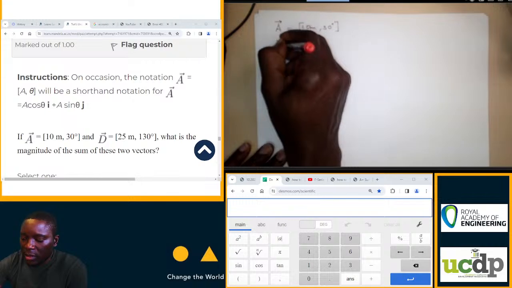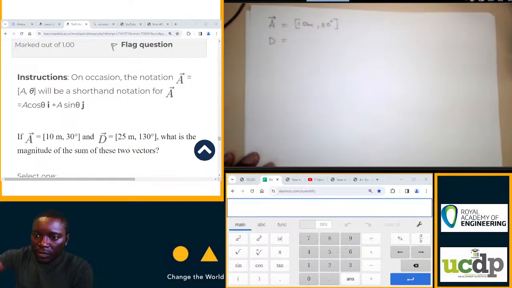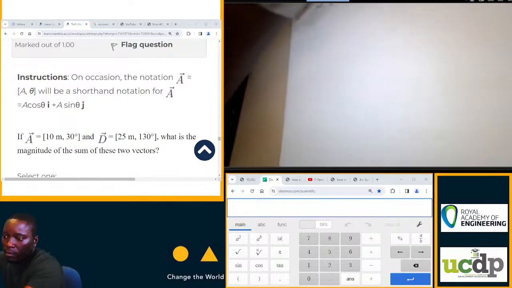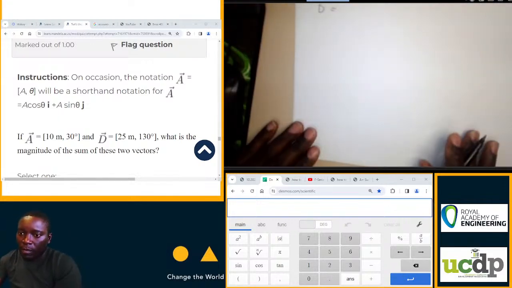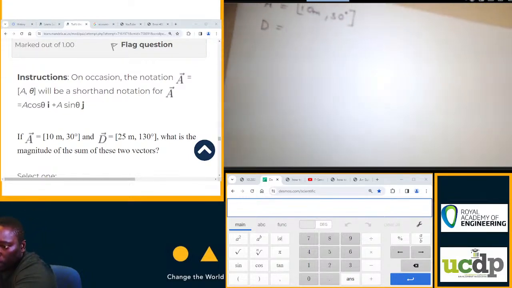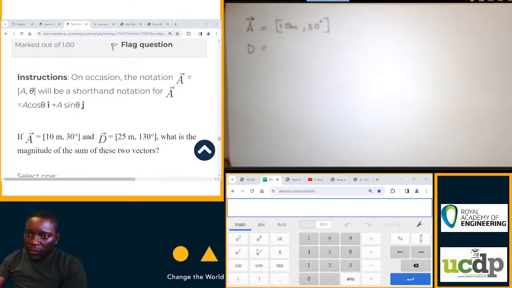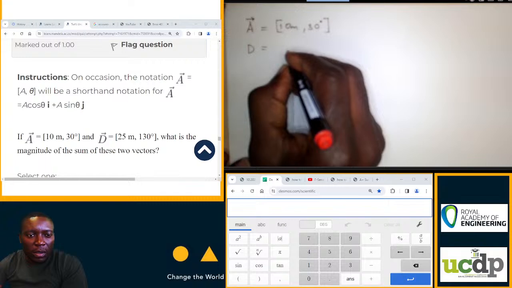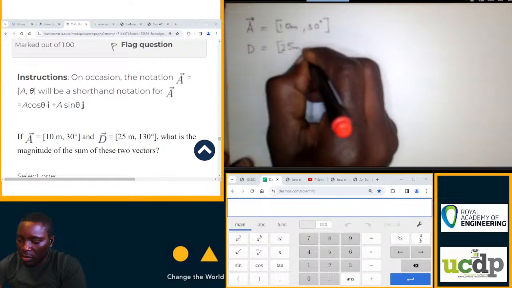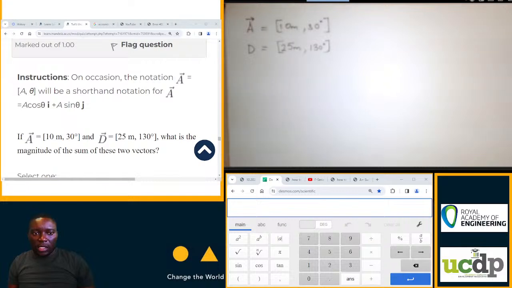And another vector D, which is a magnitude of 25 meters at an angle of 130 degrees to the horizontal. So you can already see the picture there.